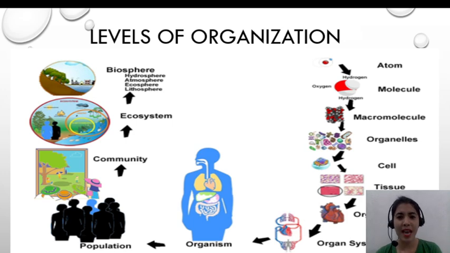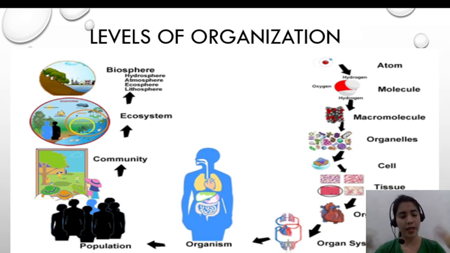So imagine, sa napakaliit na cell tayo nagsimula, pero makakabuo pala tayo ng isang malaking planet katulad nitong planet Earth natin. Kaya siya tinawag na levels of organization dahil nagsisimula siya sa pinakamaliit para bumuo ng pinakamalaking components niya. Kapag ang isa dyan ay naapektuhan, madadamay ang lahat.